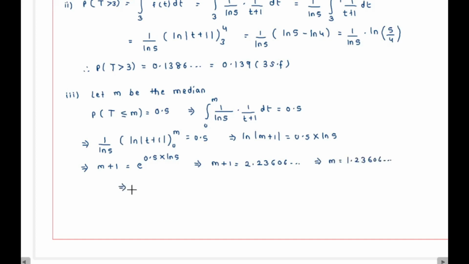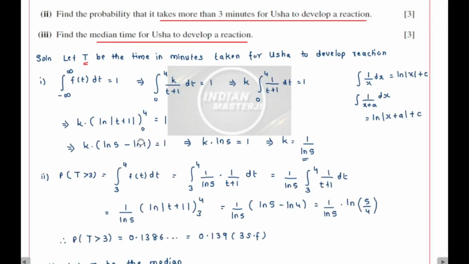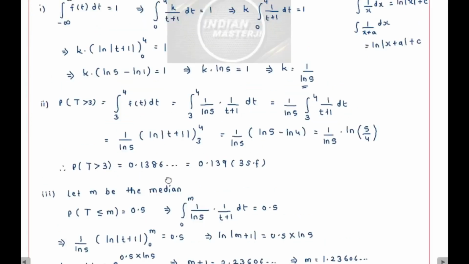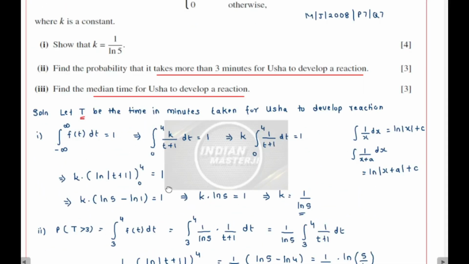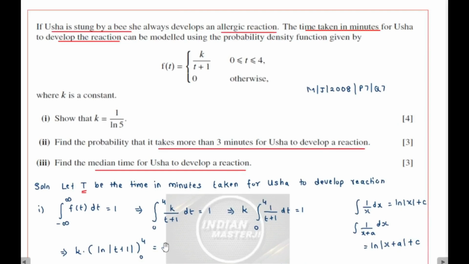So in terms of three significant figures, can I say this is 1.24 minutes? Because M is that value of T, and T here is measured in minutes, correct? Hope you have understood this one. So this answers part 3 of the question also.